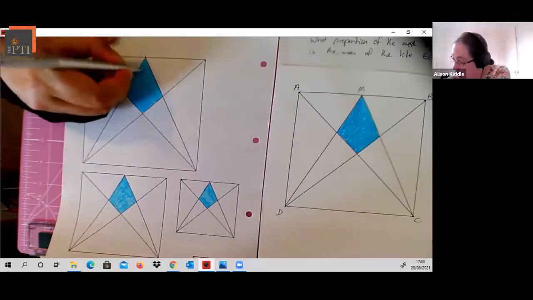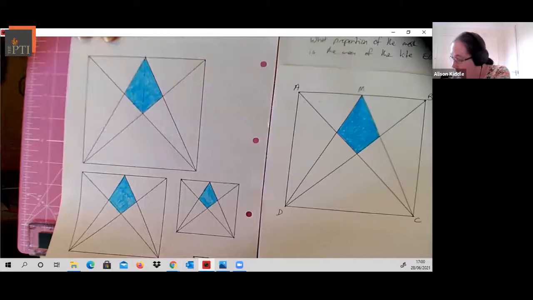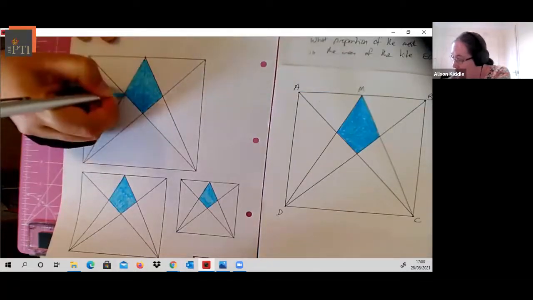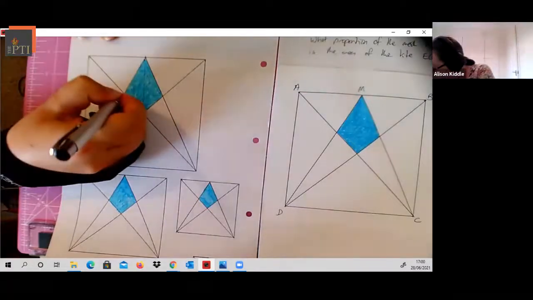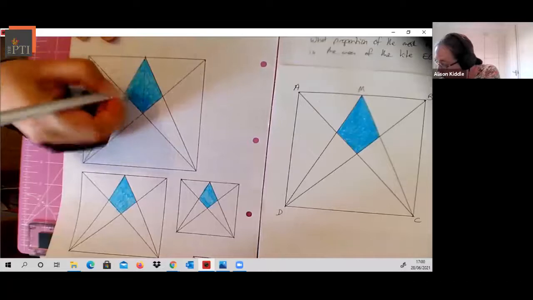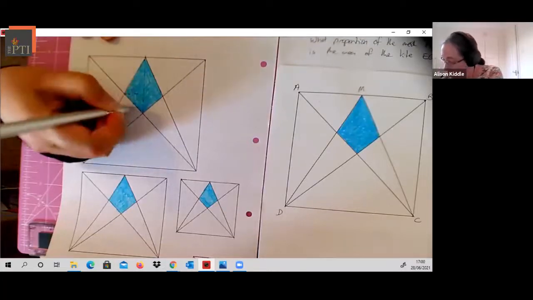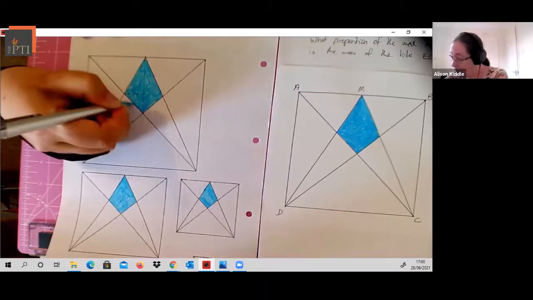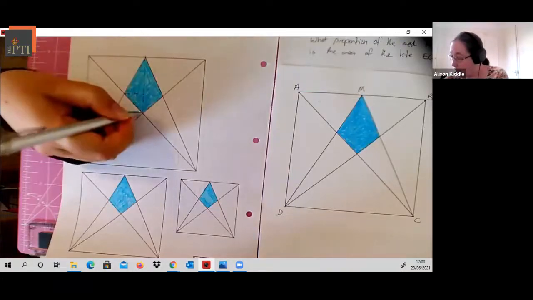If I do a dotted line down there, I can start saying, well, can I work out the area of that triangle there? And then I might want to work out that length just there so that I've got a base and a height, and then I can find the area of the triangle. So drawing on these extra lines is starting to help give me some insights.